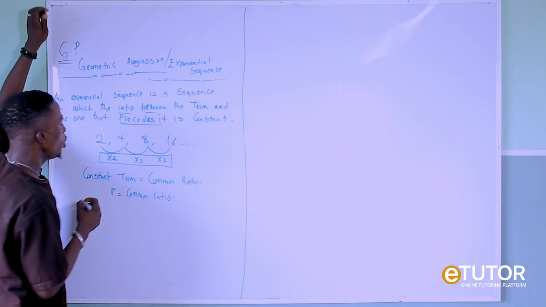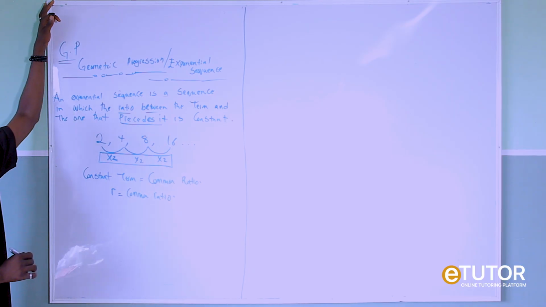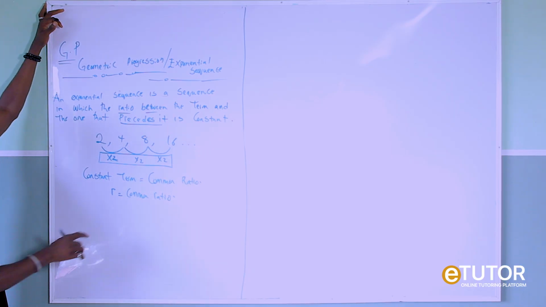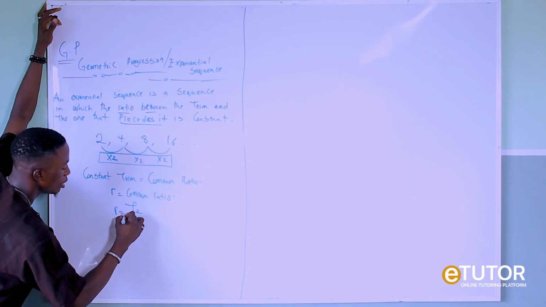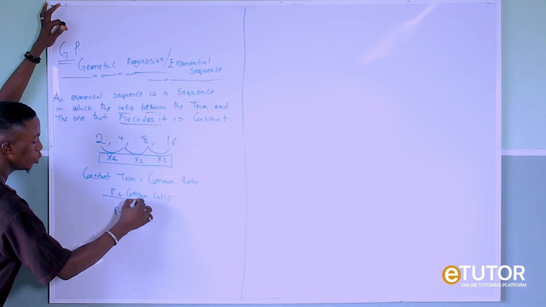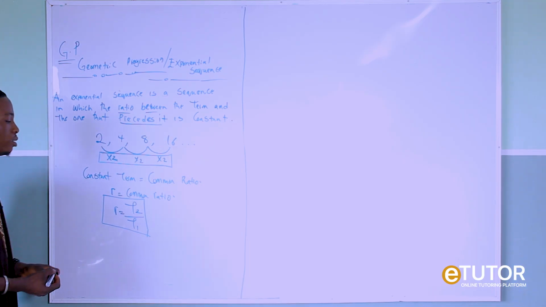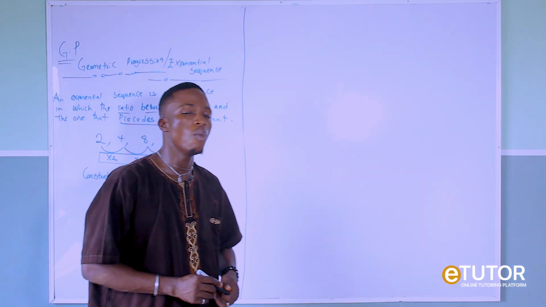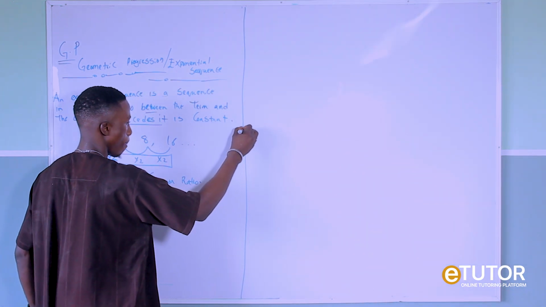Now, the formula for finding the constant term in a GP, which is the common ratio r, is equal to T2 divided by T1. T2 over T1 is the formula for finding the common ratio in a geometric progression.